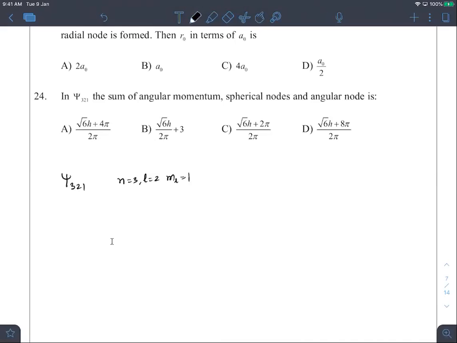Arnav, come to page number 12. Do 32, 33. Others, do 32, 33. Page number 12.